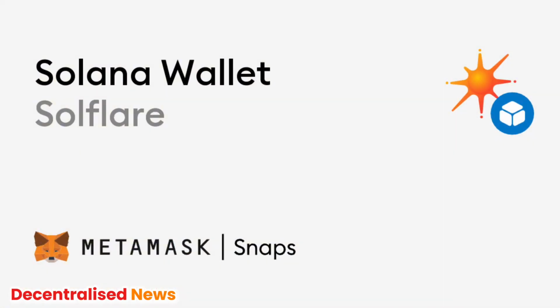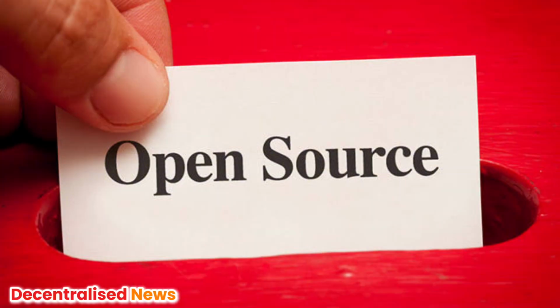Let's get into how we can install this Solana Snap and start using that MetaMask on the Solana blockchain. First, let's talk about how the Solana Snap actually works. So snaps are effectively open source extensions that are crafted to securely enhance MetaMask's functionalities, enabling the creation of new Web3 user experiences.